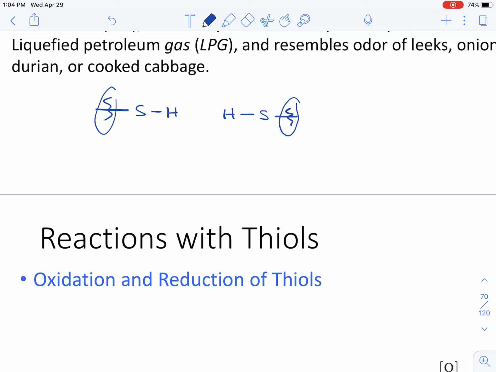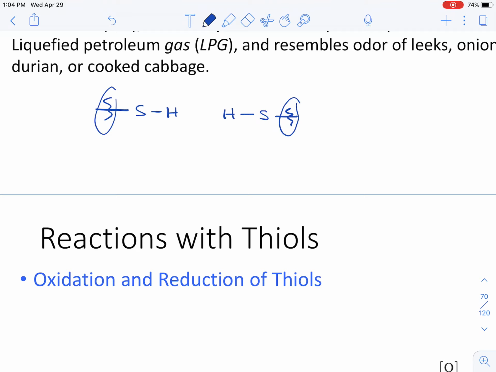It's kind of like an R group, and we don't really care what it is. If you have two organic compounds that have a sulfhydryl group, it can undergo oxidation and reduction.